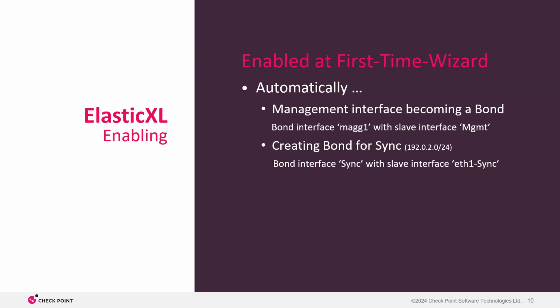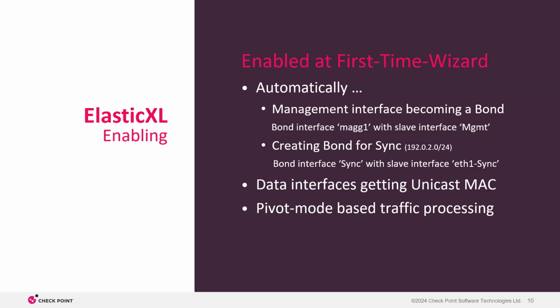If anybody's worked with Maestro, notice the IP addressing: we use similar IP addressing inside the stack to allow us to monitor the stack as a whole. From there, all the data interfaces get a unicast MAC, and then we use, once again, pivot mode for passing traffic.